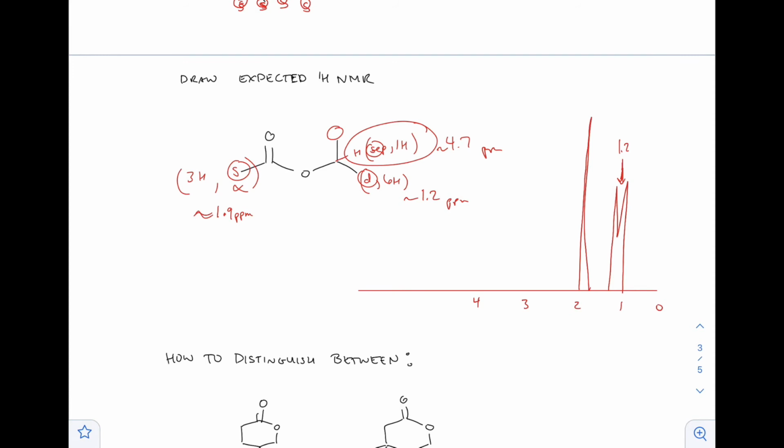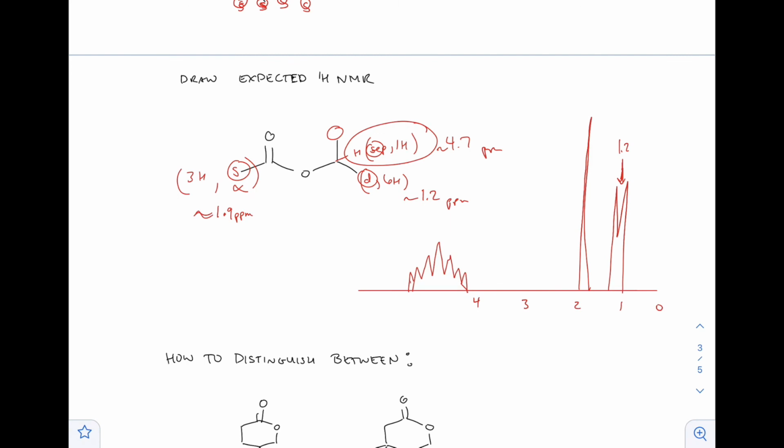And then, what am I looking for? A single proton that is a septet at 4.7. So let's see, 1, 2, 3, 4, 5, 6, and then 7. That's so bad. This is not to scale. So what I really want to do is actually shrink that. Oh no. But I can't now.